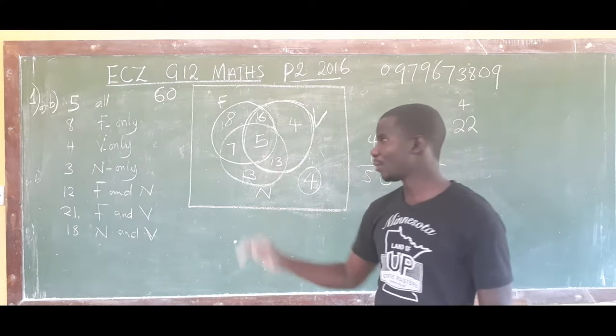Now, here we still have question 5B, which is 13k over 20a squared multiplied by 5 over 39k. Okay.